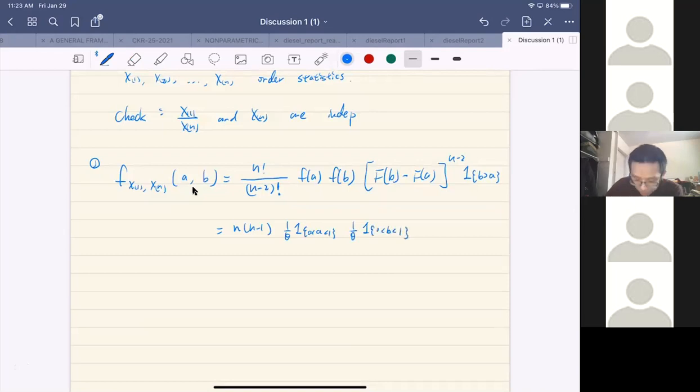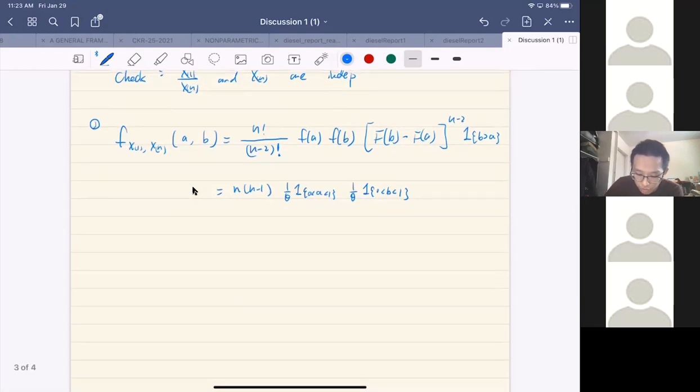And the CDF part is (b minus a) divided by theta, to the power n minus 2. Okay, and the indicator function b greater than a.